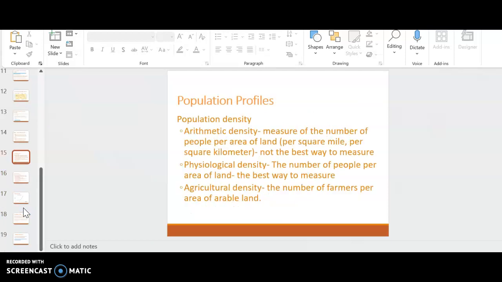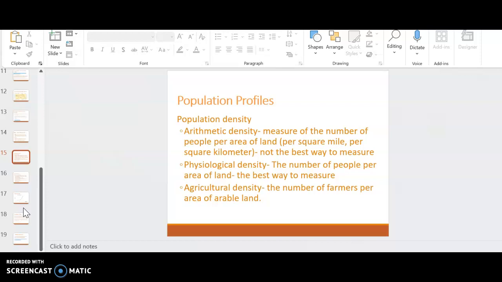Okay, so important terms. Arithmetic density is the measure of the number of people per area of land, per square mile or per square kilometer. It's not the best way to measure because it's an average.